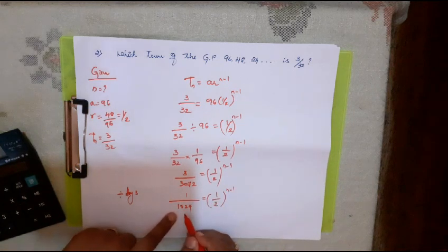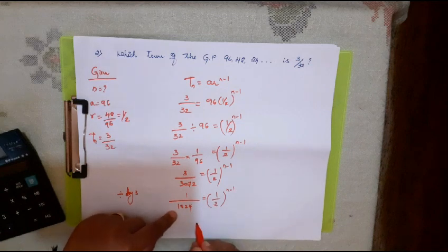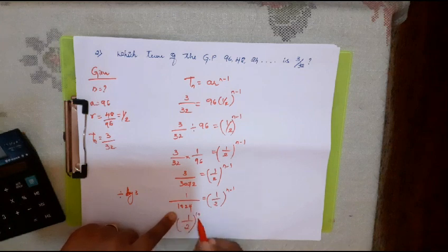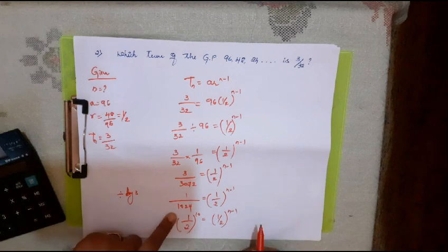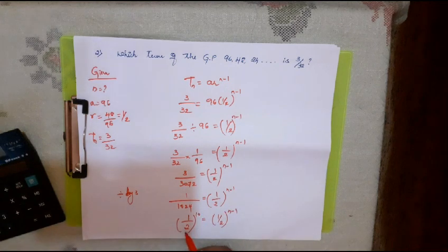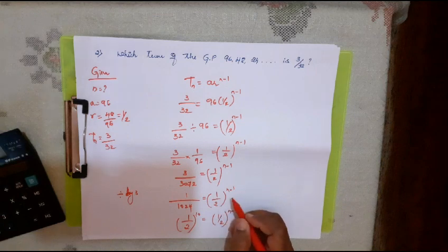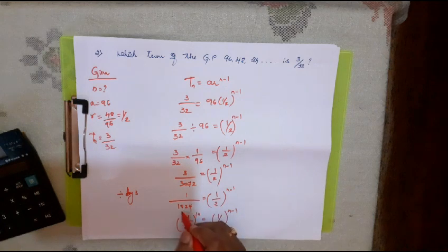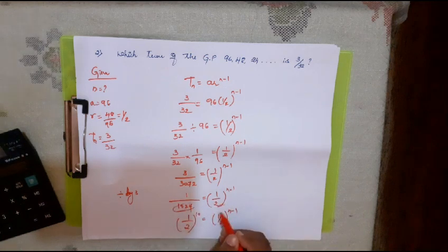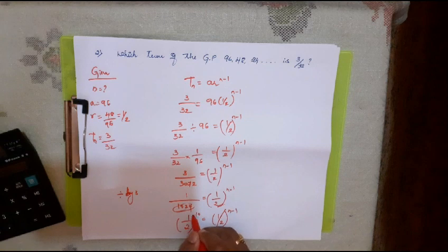So 1024 you are getting as 2 to the power 10. I am just cancelling. In this step, whatever the R value you are getting, try to find the power root of this number with respect to it, so that you can easily eliminate this part.